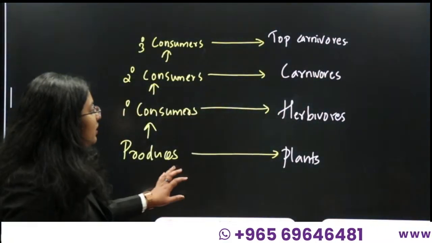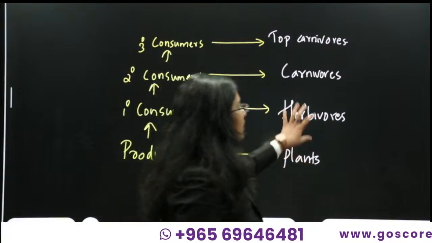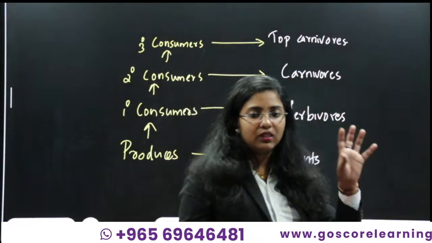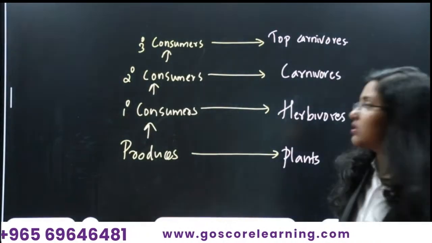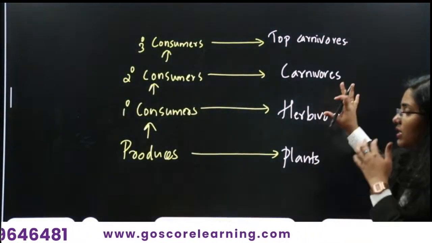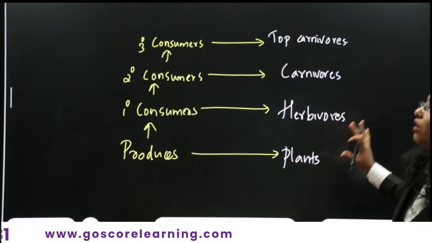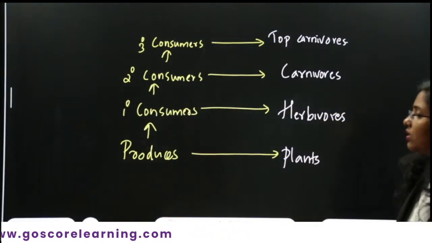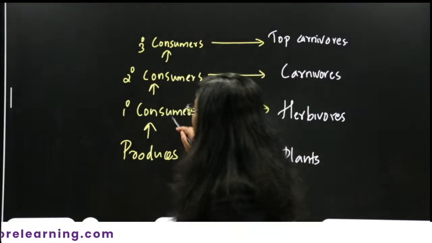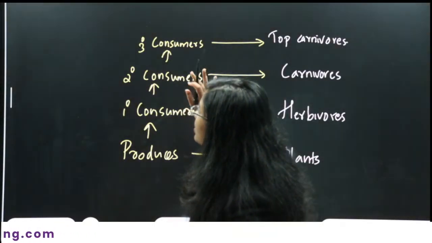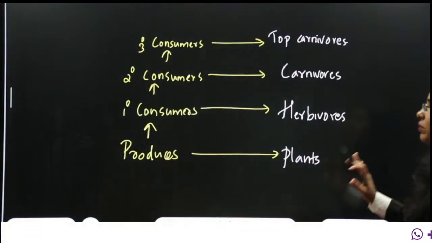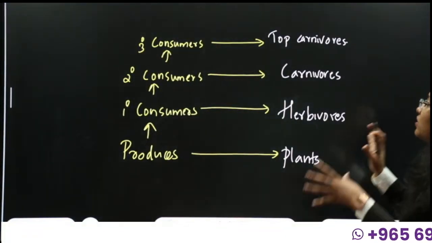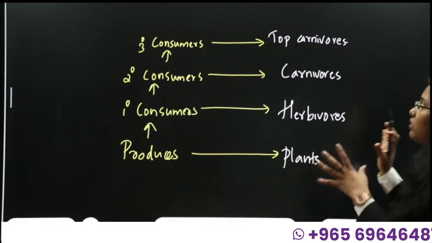Only 10% of the energy produced will be moving into the next trophic level. So it starts from producers, then primary consumers, secondary consumers, and tertiary consumers, where producers are the plants, primary consumers are the herbivores, secondary consumers are the carnivores, and tertiary consumers are top carnivores.